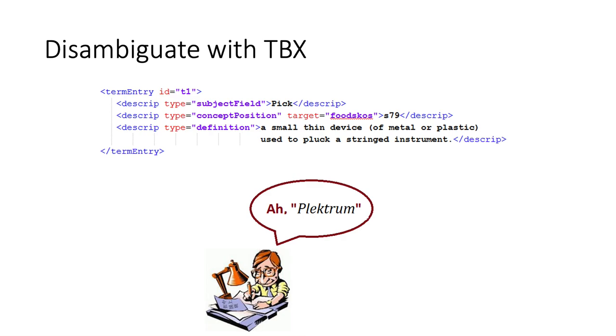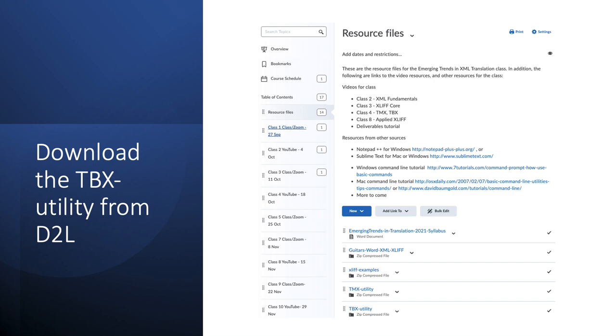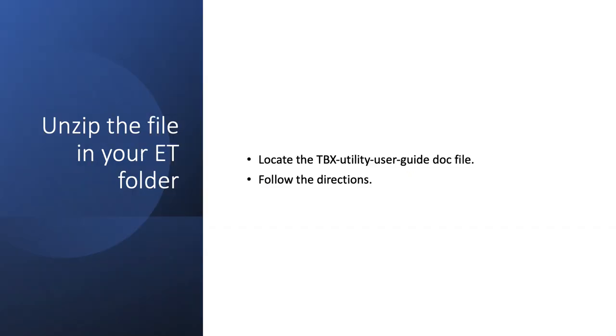And then once we do that, we say, okay, then it's easy to disambiguate. So let's do another exercise. What we will do is our TBX exercise. We will download the TBX utility from D2L, very similar to the TMX exercise that we just did. We will locate the TBX user guide and we will follow the directions.